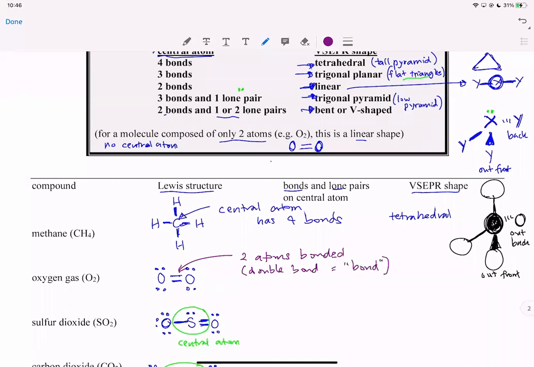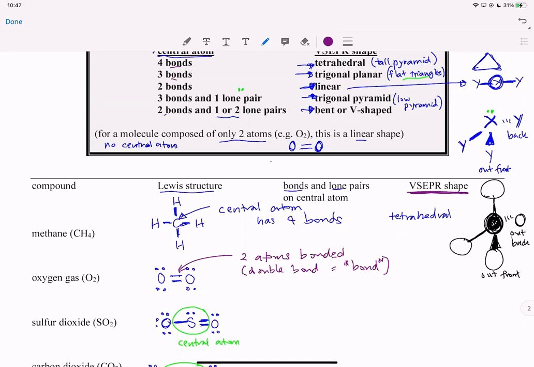So whether you're talking about a single bond, a double bond, or a triple bond, when you're referring to the 3-dimensional VSEPR shape, it doesn't matter if it's single, double, or triple. They are all just a bond. So how many bonds, how many lone pairs, that just uses the word bond. It actually doesn't matter if it's a single, double, or triple. And we'll see that in the next example.